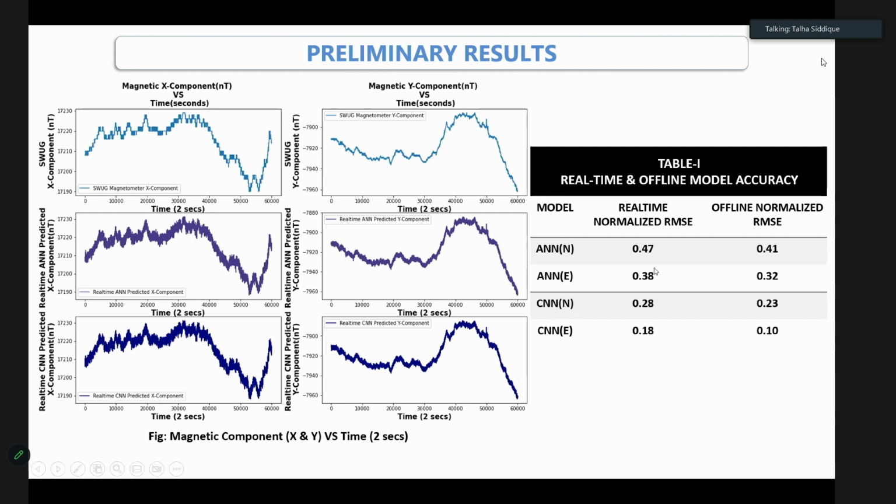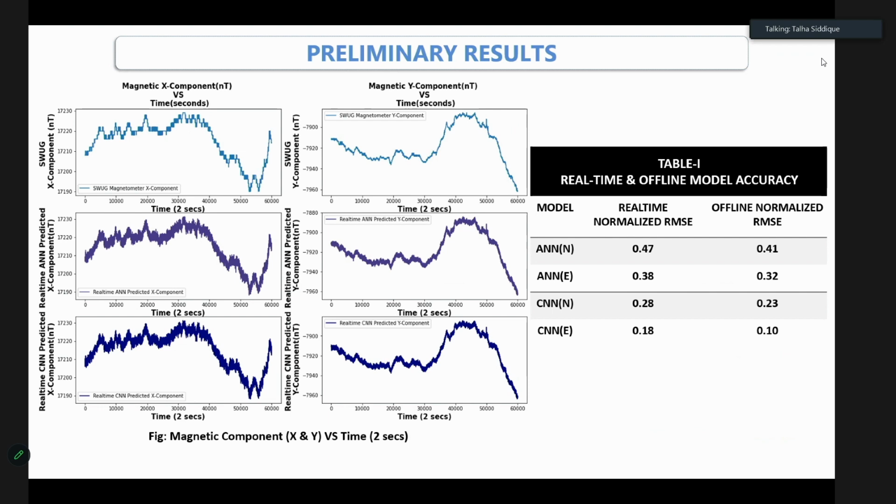When we compared the real-time model to the offline model, the offline model actually performed better. The reason is that the offline model was trained and tested on a particular historical data set, but in the real-time case, we trained the model offline and then tested it on a different day.